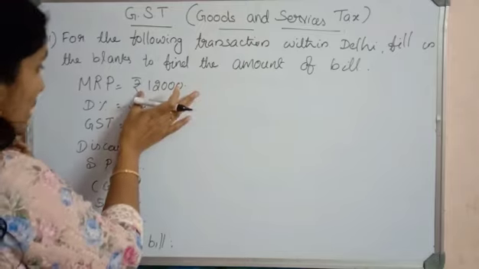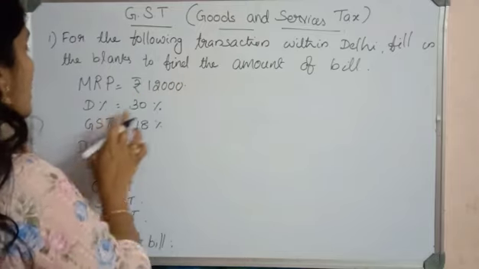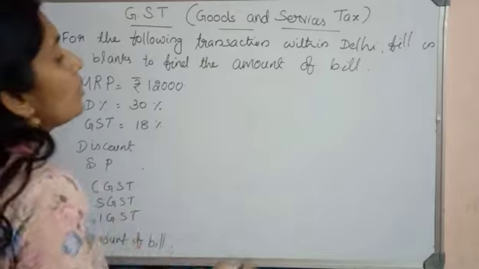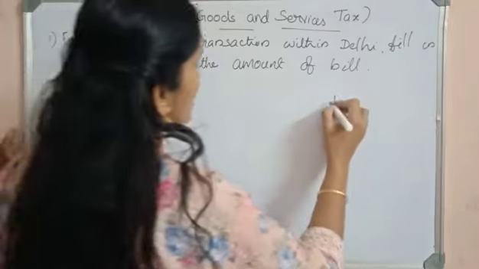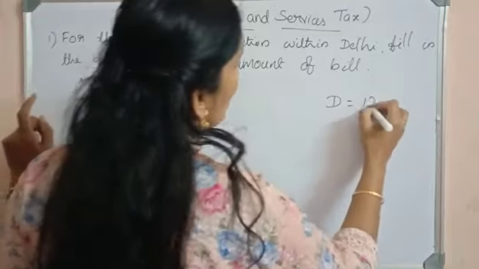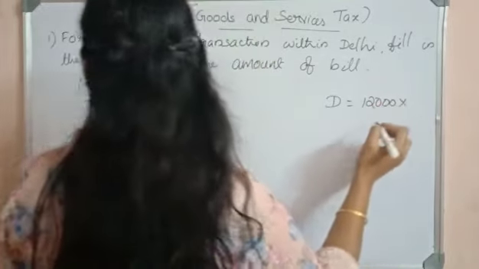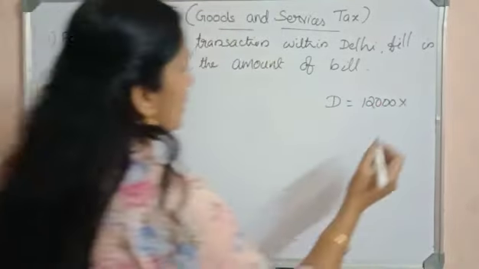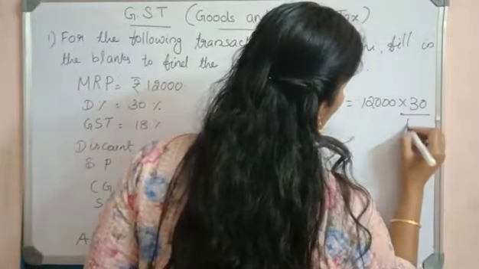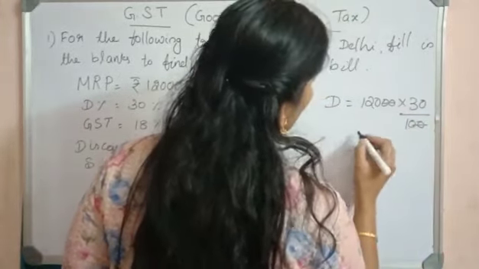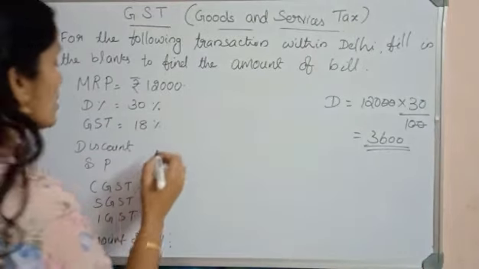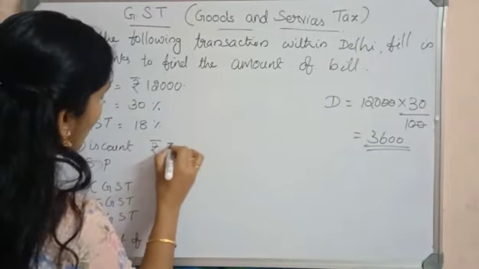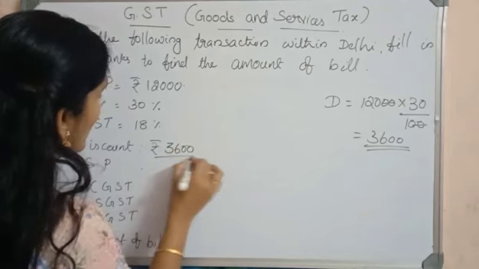Here the MRP is 12,000 and the discount is 30%. So discount can be calculated using the formula: discount is equal to 12,000 into 30 by 100, which is 3,600. So the discount is rupees 3,600.